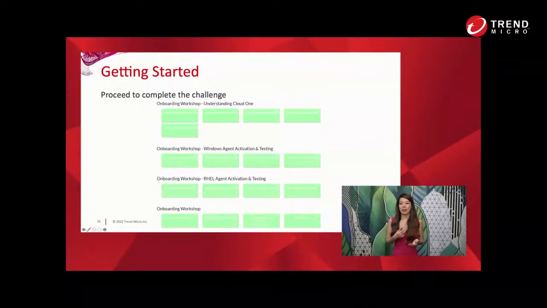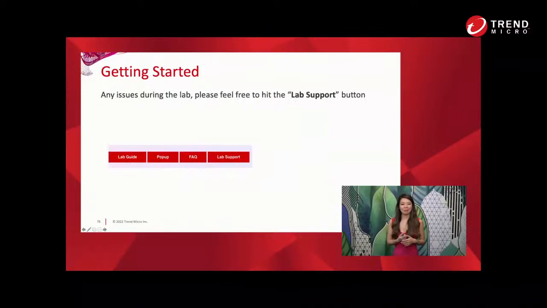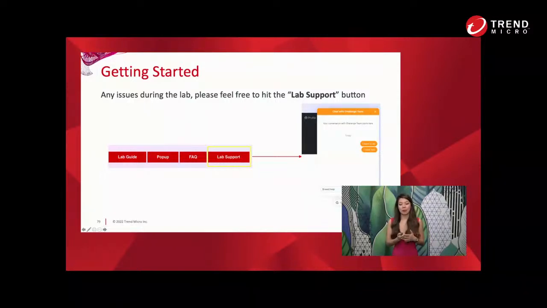Some are slightly more complex, so it requires a little bit of thinking, a little bit of getting your hands dirty. Again, if you have any issues throughout the lab experience, please talk to us by clicking on the lab support button. We'll be responding to you pretty quickly and help you out with whatever challenge you might be having.